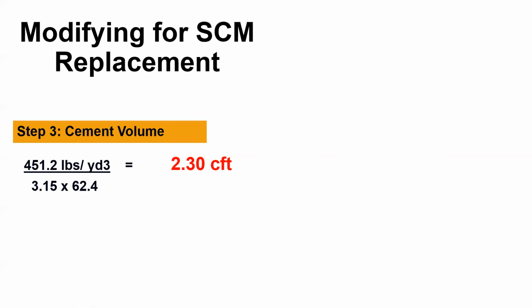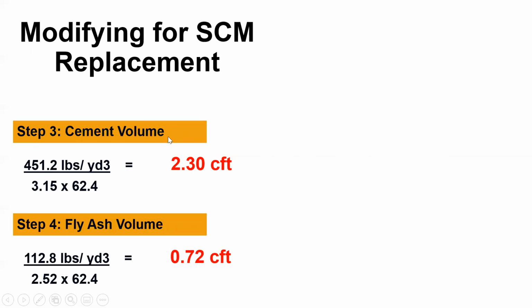So your volume is not going to yield properly if we don't adjust our sand. The 451.2 is the pounds of cement, so we divide that by our specific gravity times our 62.4, which is our conversion factor to get from weight to volume.